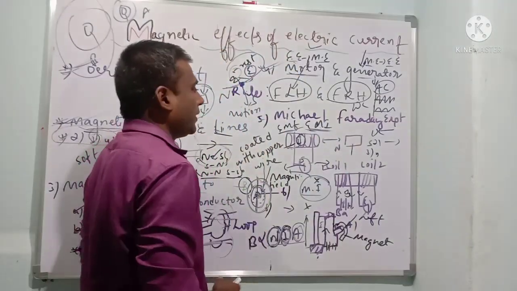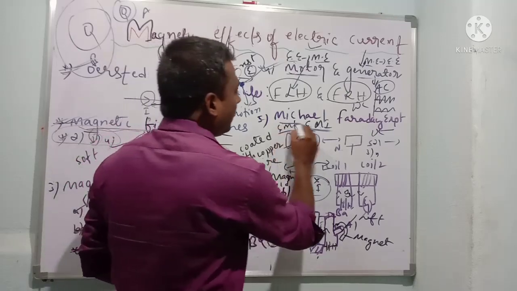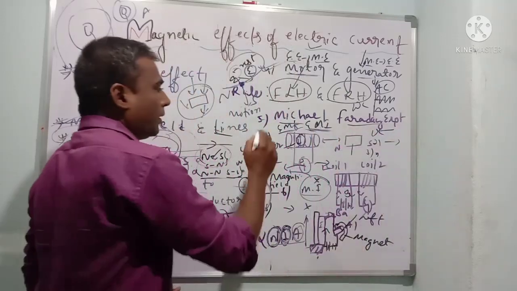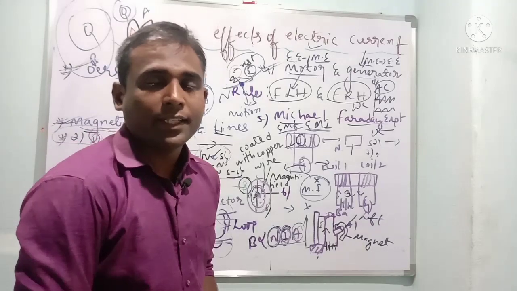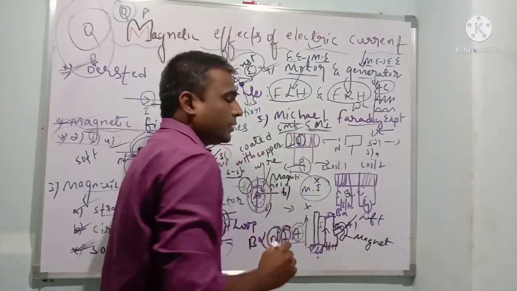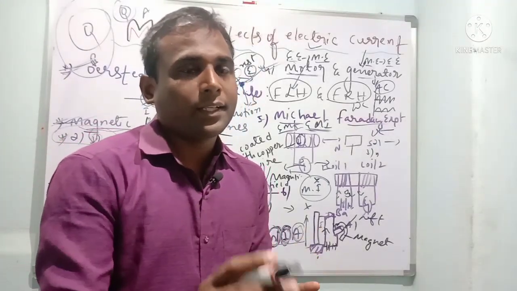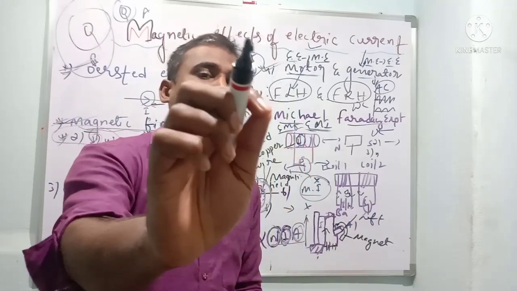What is electromagnetic induction? We'll understand, and also we'll understand simultaneously Michael Faraday's experiment. So very simple. He thought, actually what Oersted told, where there is an electric current, there will be a magnetic field.